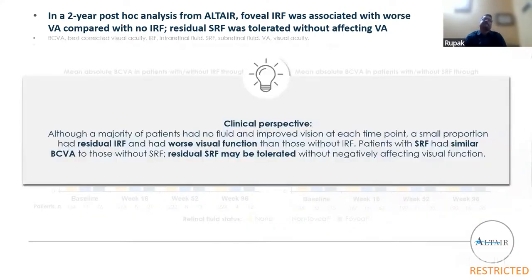The clinical perspective is that although a majority of patients had no fluid and improved vision at each time point, a small proportion had residual IRF and worse visual function than those without IRF. Patients with SRF had a similar BCVA to those without SRF, so residual SRF might be tolerated without negatively affecting visual function.